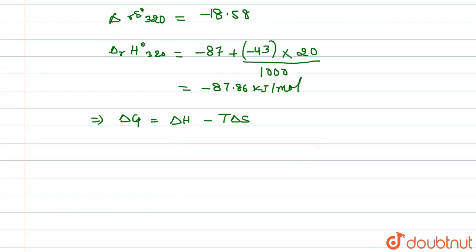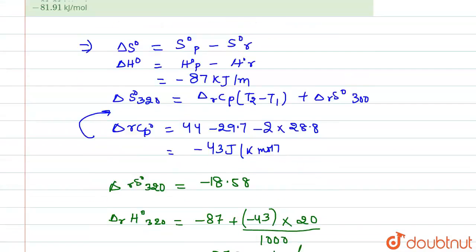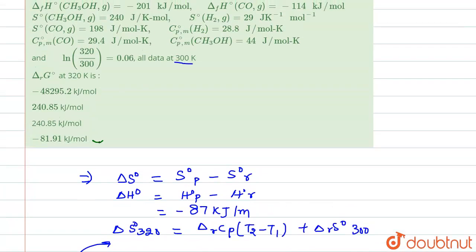So from here, if we calculate the value of ΔG, we have minus 87.86 minus the value of T, that is 320, and the value of ΔS, which is minus 18.58, right? And again we will divide this by 1000. So this will equal minus 81.91 kilojoule, which is our answer. So this matches with option D.